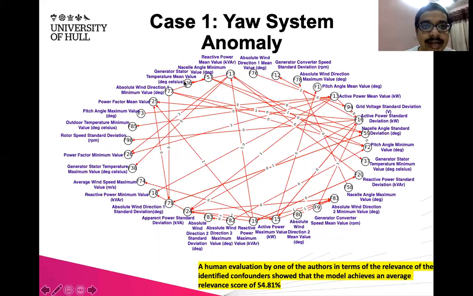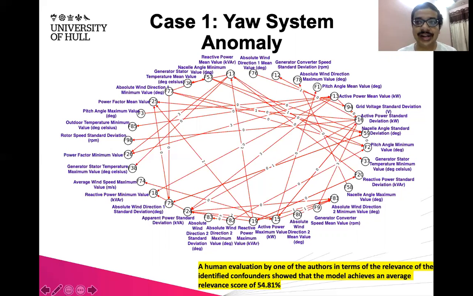That's the generator stator temperature and the nacelle angle, which the earlier traditional models had neglected as random and spurious in the previous slides. However, you would see that these are clearly related. And this probably occurs because the generator stator temperature affects the nacelle angle, and the nacelle angle is, you can see, directly related to the pitch angle of the turbine.